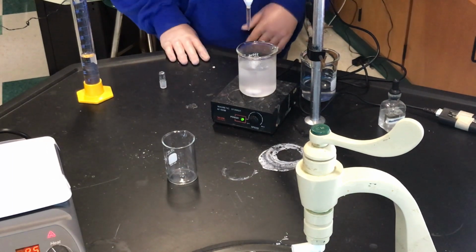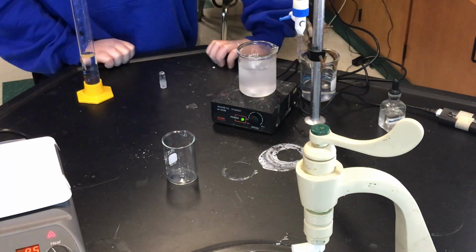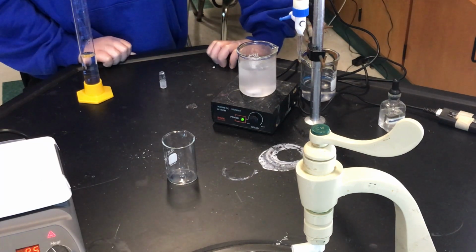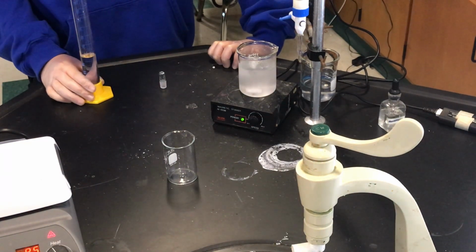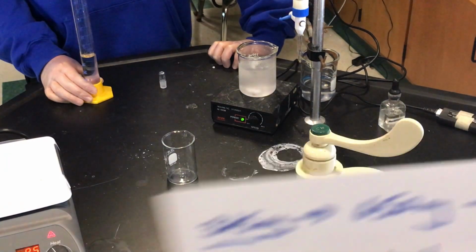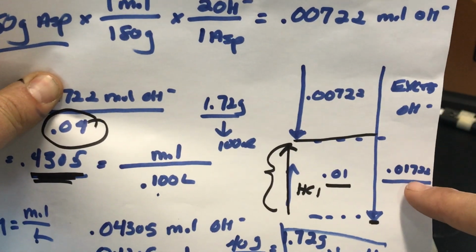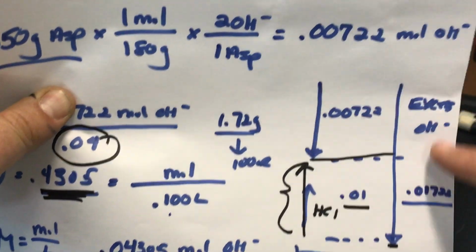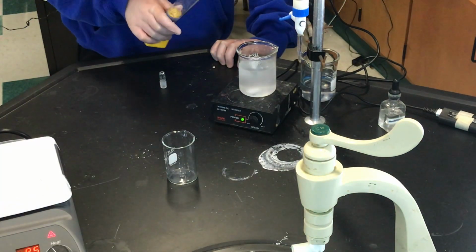We have a weak acid of aspirin that's been heated to expose and hydrolyze itself. Now you're going to add excess base right there. What we're doing right here, for those at home, we're adding exactly 0.01722 moles. We just calculated all that. Now pour it. Yeah, all of it.